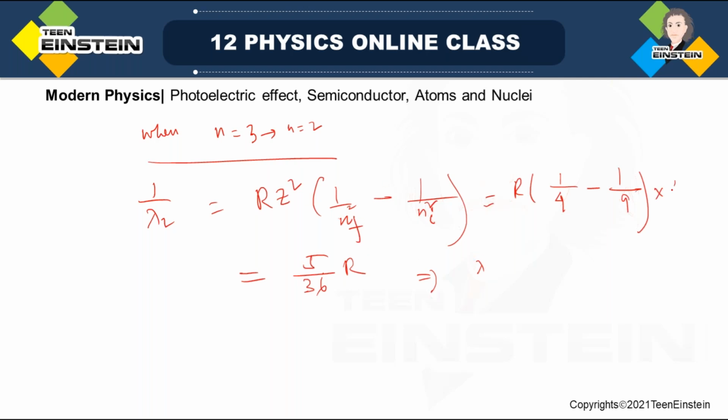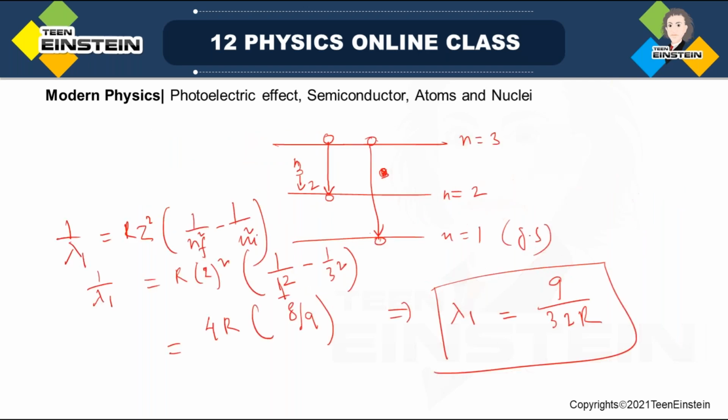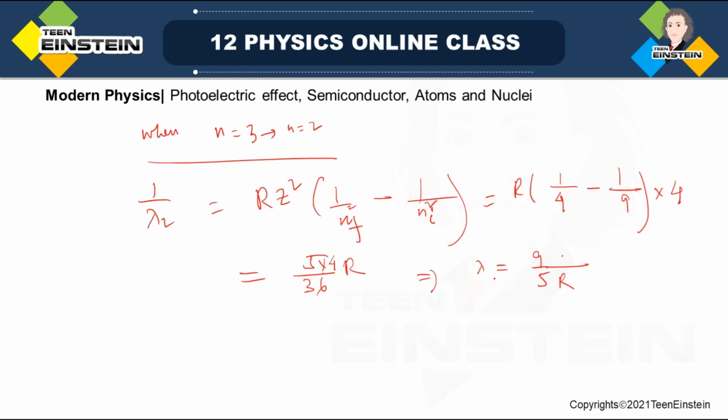So here 4 multiplied. So lambda will be 9 by 5 R. Here it is 9 by 32 R, and lambda 2 will be 9 by 5 R.